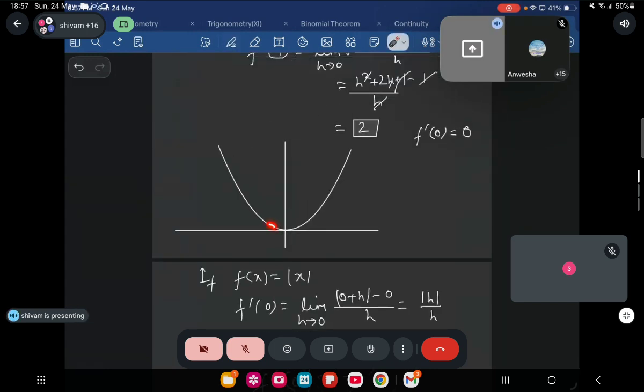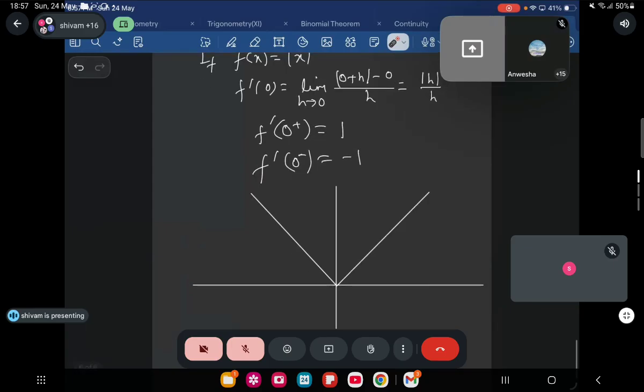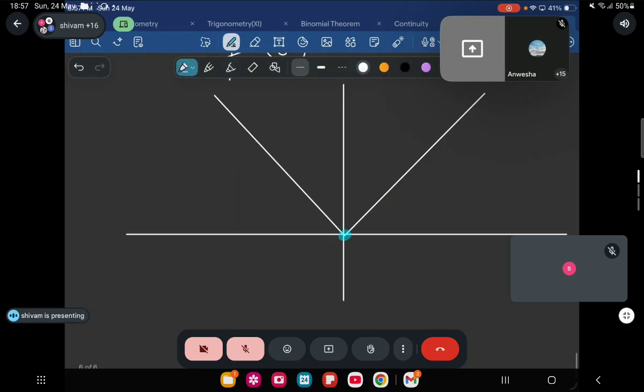At x equal to 0, this one is smooth, smoothly it is turning. And for mod x at x equal to 0, there is a sharp corner. Write it down: wherever you get a sharp corner, the function is non-differentiable at that point.